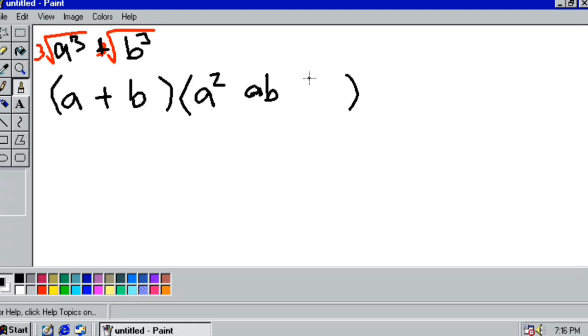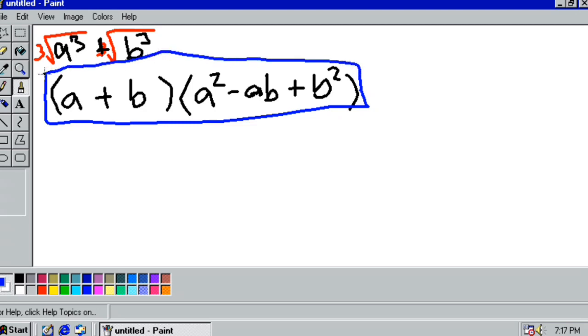So b times b is b squared. For the sign in this part, it will always be plus. And for this part, it will be the inverse. So plus will become minus. So this is the factor for that.